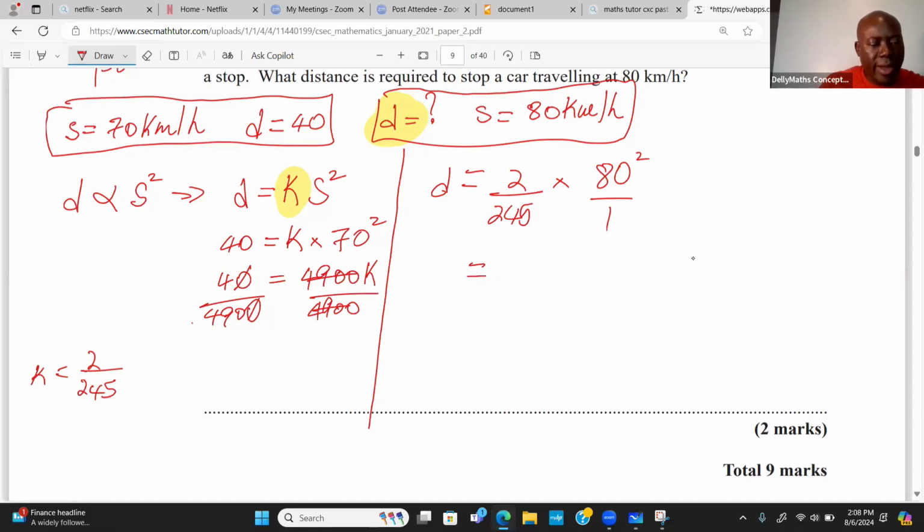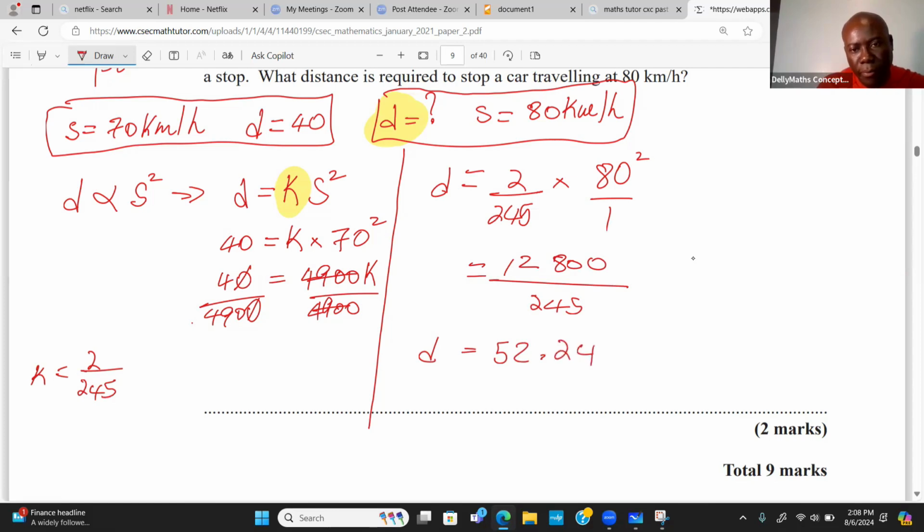If we square 80, then times that by 2, we're looking at 12,800. And this is going to be over 245. So let us divide this by 245. D is equal to 52.24.